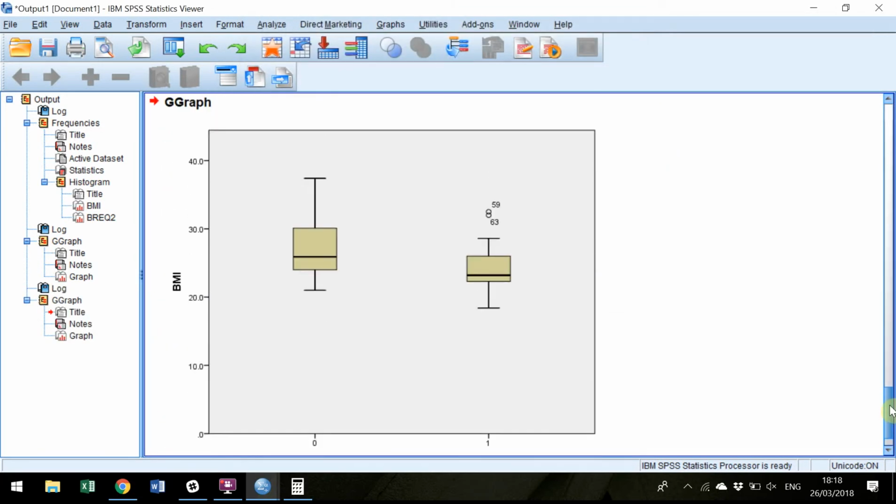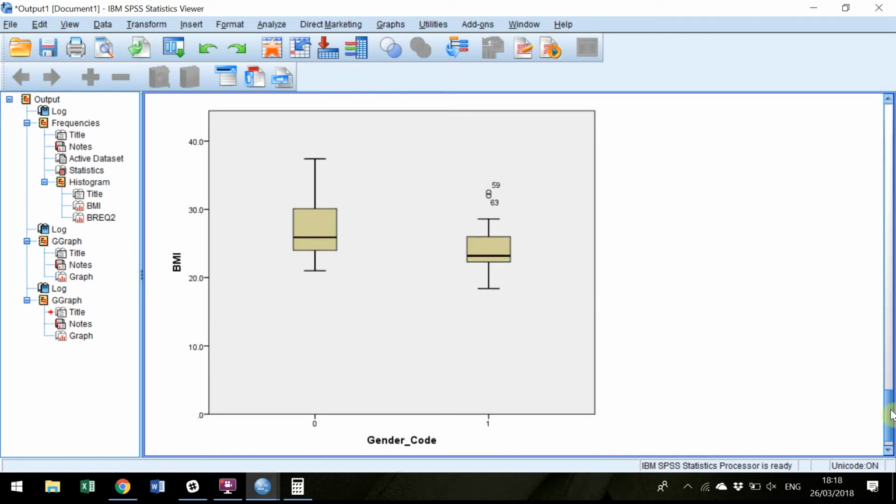And it is. So what we've got here is a couple of outliers on the girls. I think it's 1 that's girls, so 0 is boys, 1 is girls. Boys look relatively normal, somewhere between just above 20 up to the high 30s. Now the girls, much tighter, just below 20 up to approaching 30.